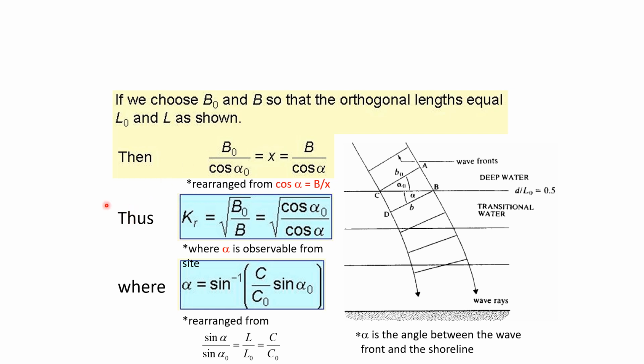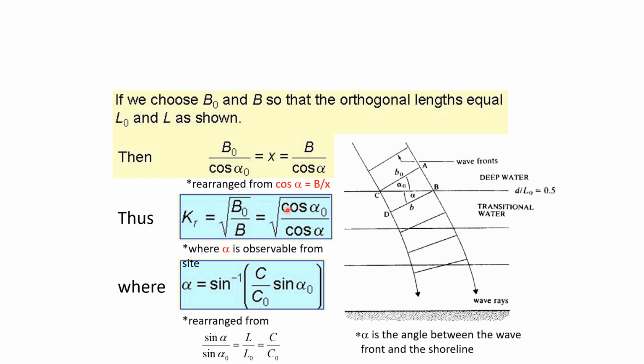Since we already defined the refraction coefficient as the square root of B naught over B, now we can obtain an expression from here to write the refraction coefficient as the square root of cos alpha naught over cos alpha. Why are we doing that?